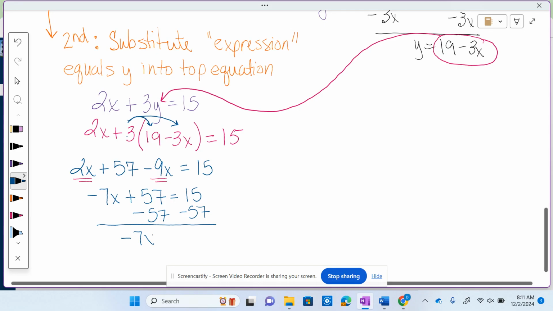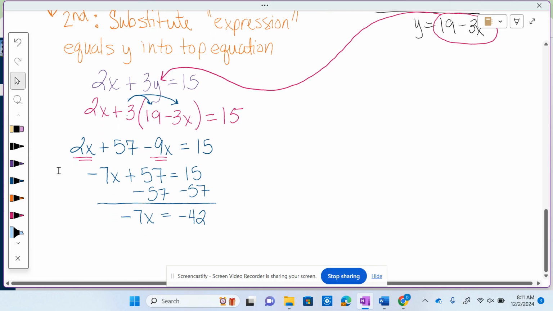Negative 7x equals negative 42. What do you want to do next? Divide. Yeah, divide both sides by negative 7. And I find out that x equals a positive 6.